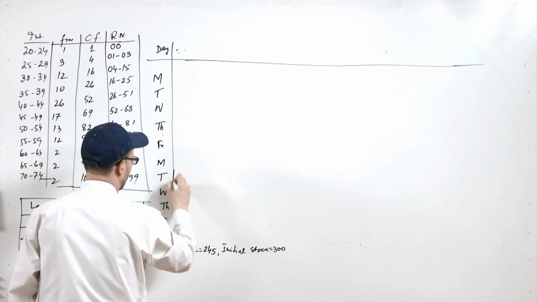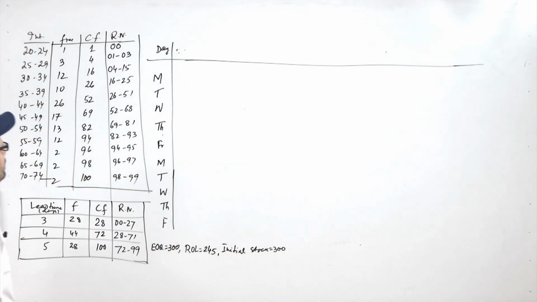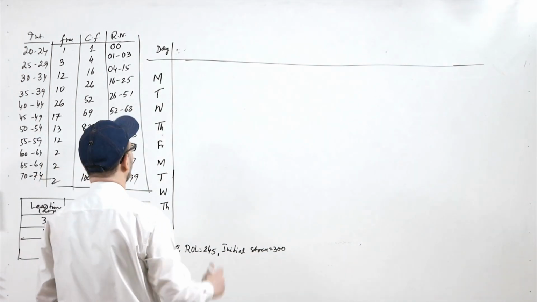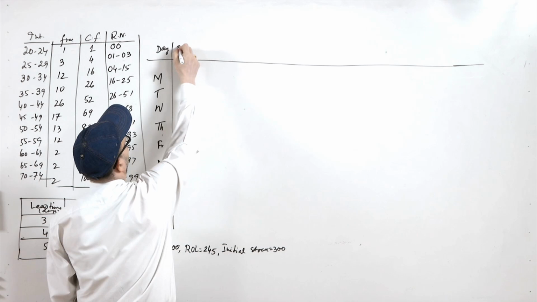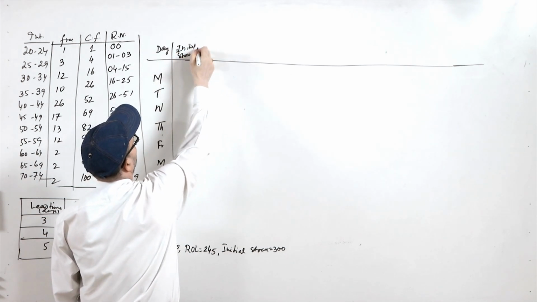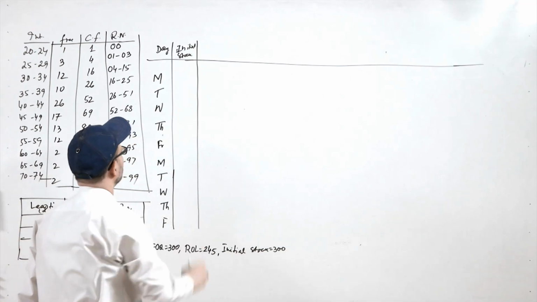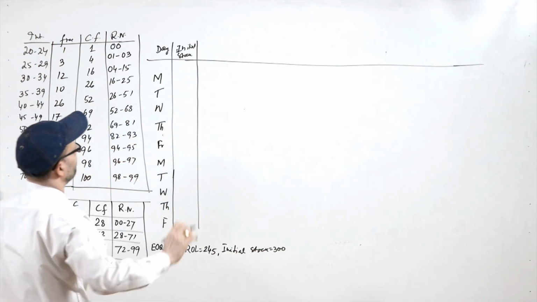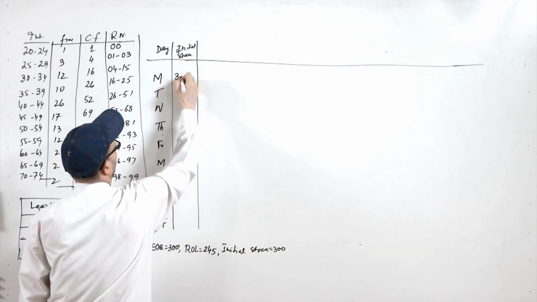This way your simulation will move. In that, first of all you have to write the initial stock. On Monday you assume that you have an initial stock of 300.